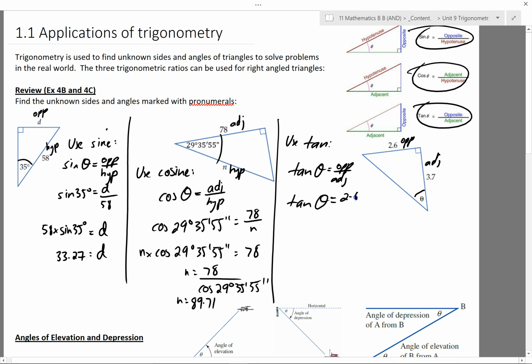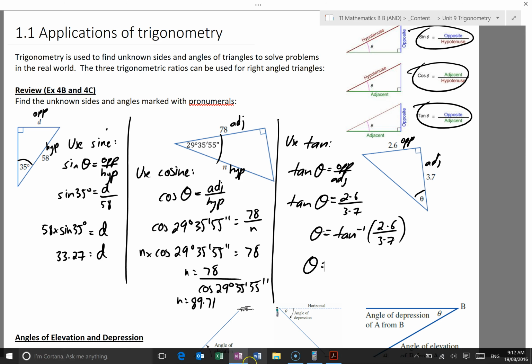So I know 2.6 and 3.7, and now solve for the unknown. The unknown is this angle, so I'll inverse tan there to get rid of tan. I don't want to see anyone doing 2.6 on 3.7 divided by tan. Put it in your calculator, it won't work. Inverse tan to find angles.